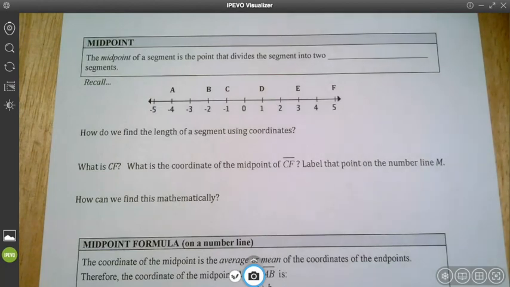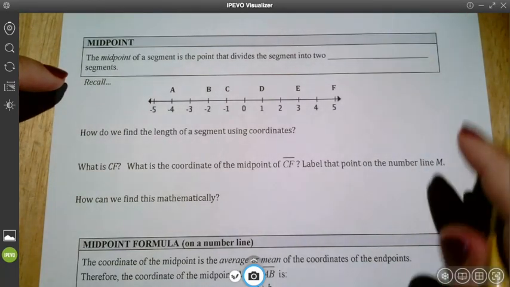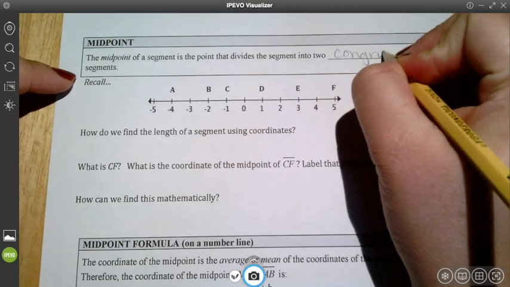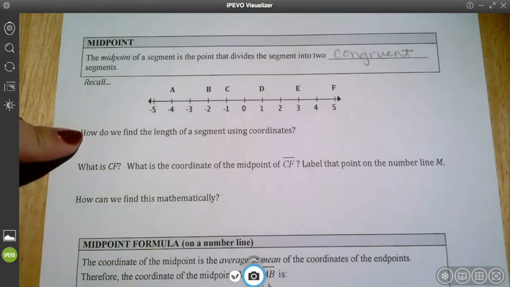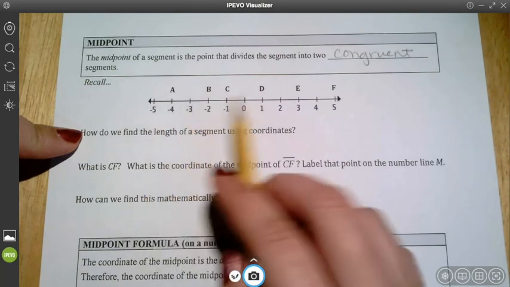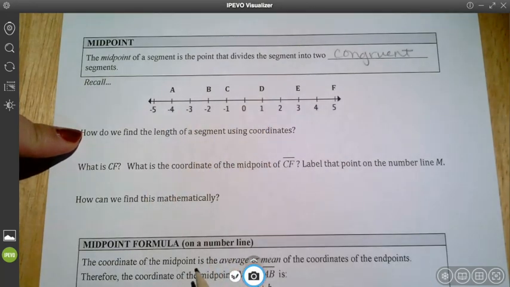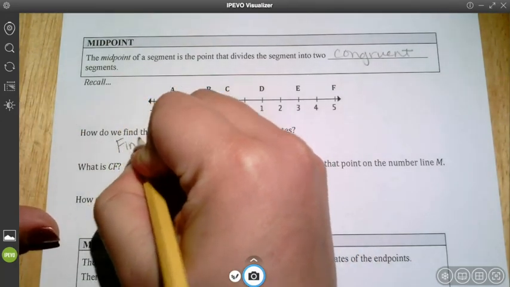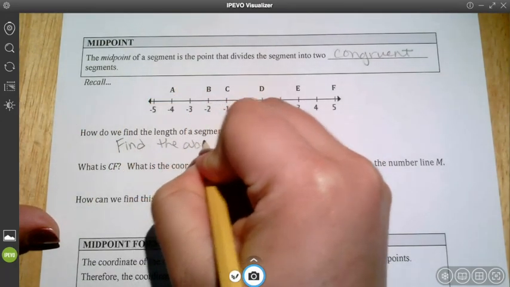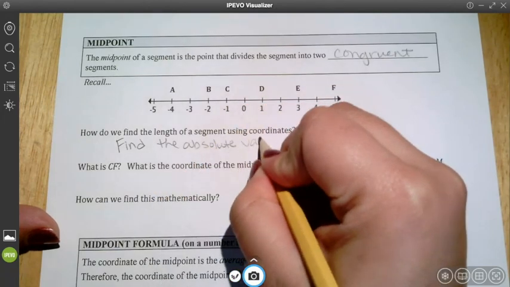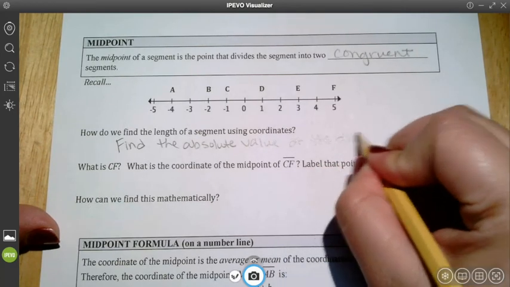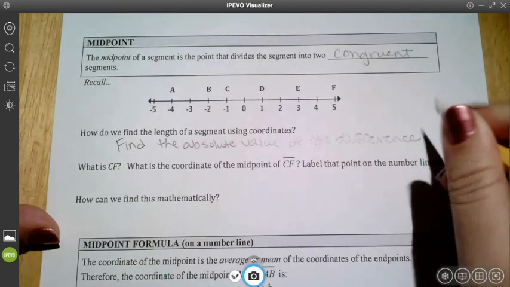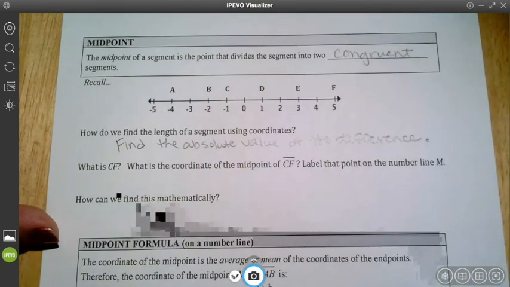So the midpoint of a segment is a point that divides the segment into 2 congruent segments. So recall, if we wanted to find the length of a segment using coordinates, for example, the distance from A to D is what we've seen before, we need to find the absolute value of the difference between the points.